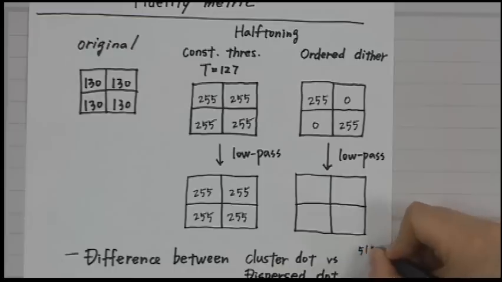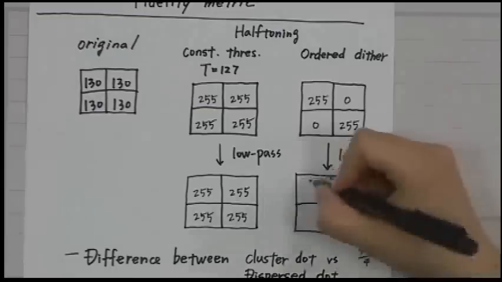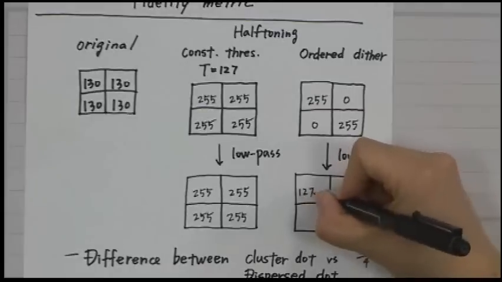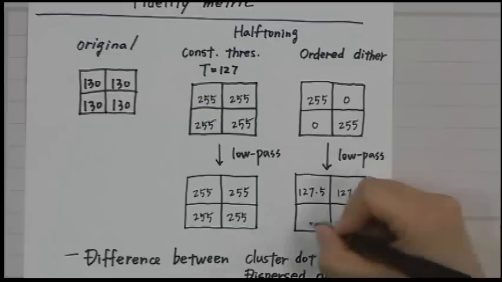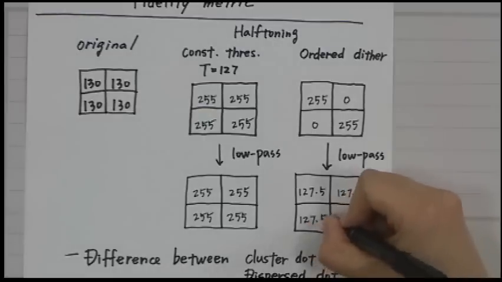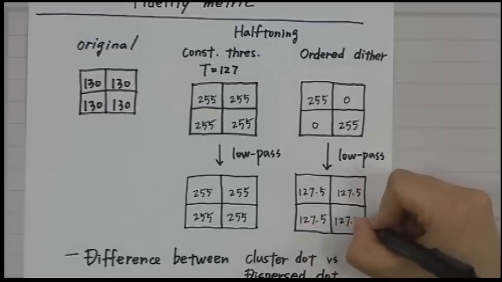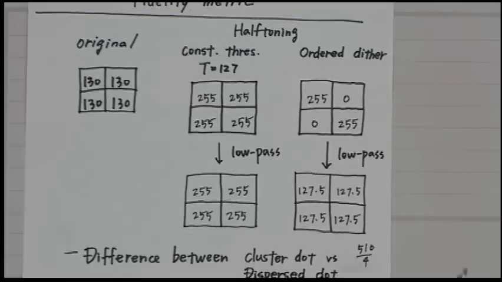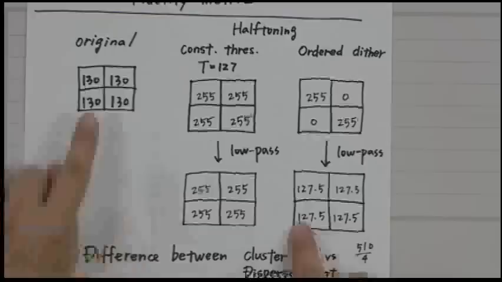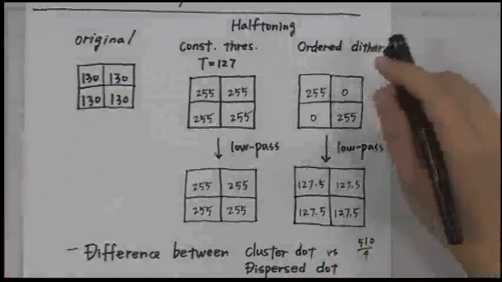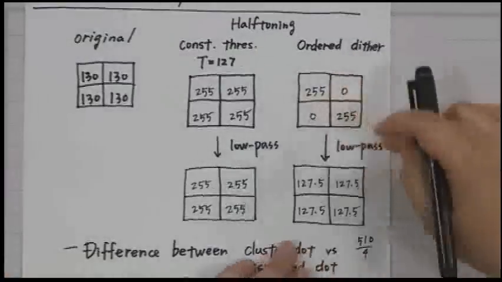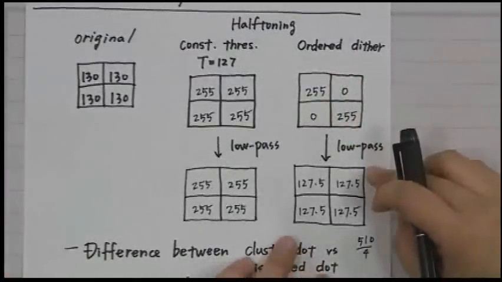It's around 127, something like that. Actually, this is closer to the original, right? Almost the same. This is very good. So introducing some local variation works pretty well.